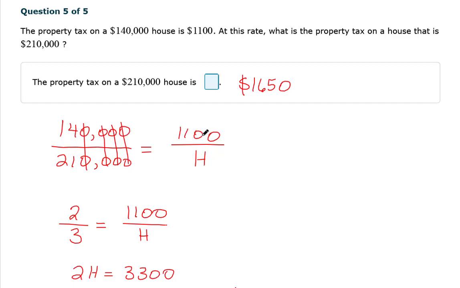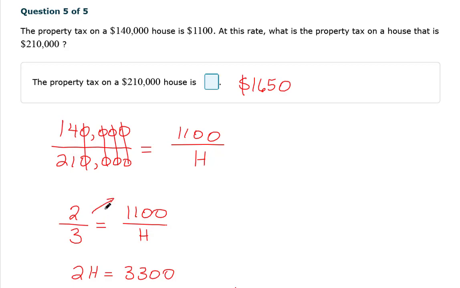The tax for the first house equals, and my second house, I don't know what the tax is. That's what we're trying to figure out. So to simplify this, first I'm going to reduce these numbers. I can get rid of all these zeros, and it's 14 over 21, which I can reduce taking a 7 into each one. And so we get 2/3 is 1,100 over h.